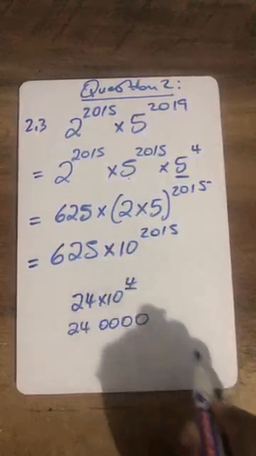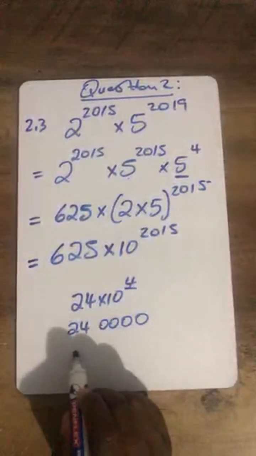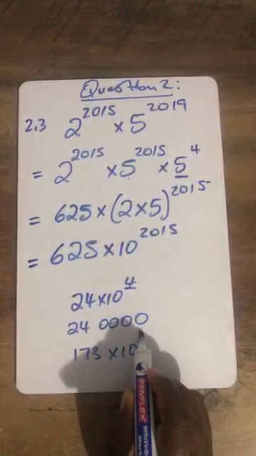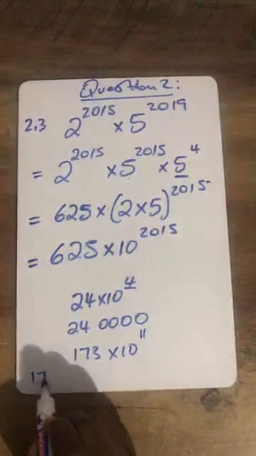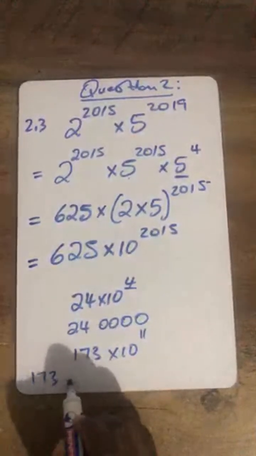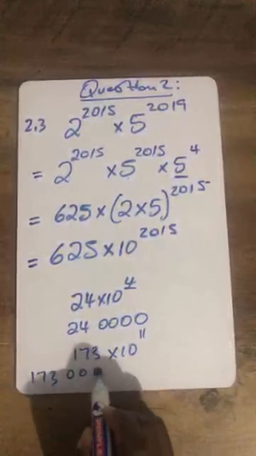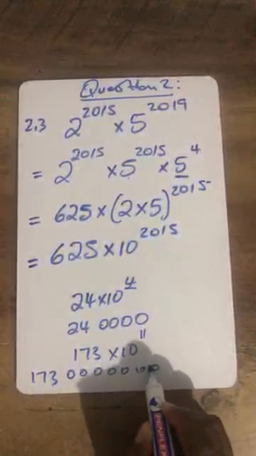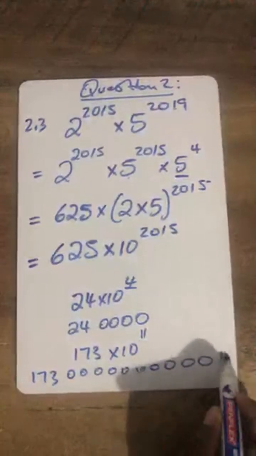That is what that 4 means. If, for example, you have 173 times 10 to the exponent 11, it means it is 173 and how many zeros? 1, 2, 3, 4, 5, 6, 7, 8, 9, 10, 11.